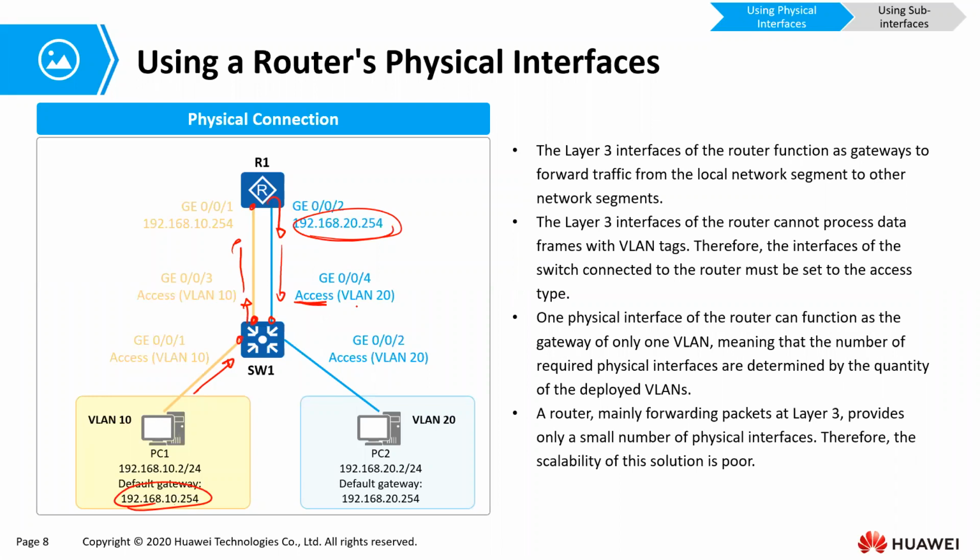It tags it with VLAN 20. When it reaches here, this interface is an access interface in VLAN 20. It untags the VLAN 20 tag. Our host receives an untagged frame in VLAN 20. On the other hand, when a host in VLAN 20 sends an untagged frame, this interface is an access port with a PVID of 20, so it will tag it with VLAN 20.